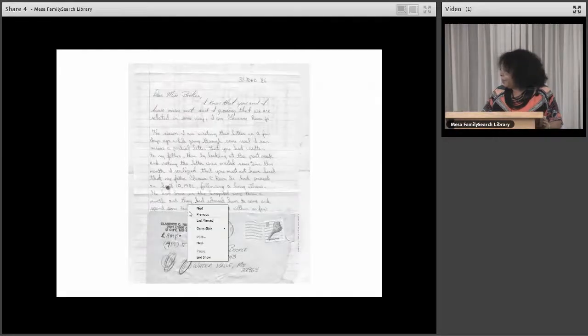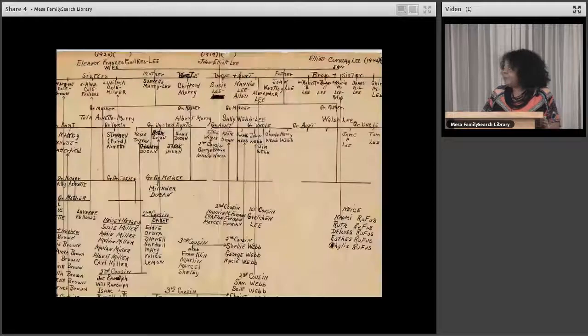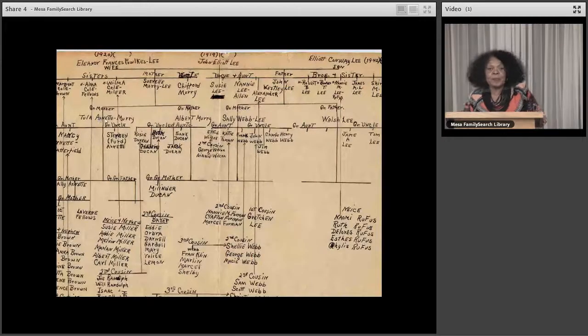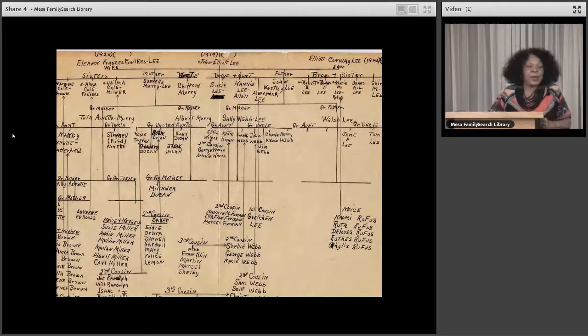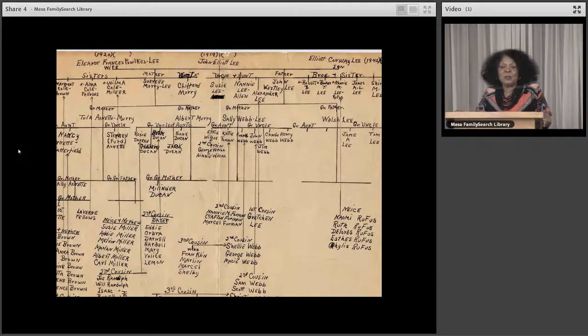Another wonderful piece of family memorabilia. This is a brown bag pedigree chart that was made in 1941 when my cousin Elliot was born. His dad made it and gave it to him, and it had been locked up for all these years. And about 6 years ago, Elliot found it. The people that are listed, I have accounted for most of them.